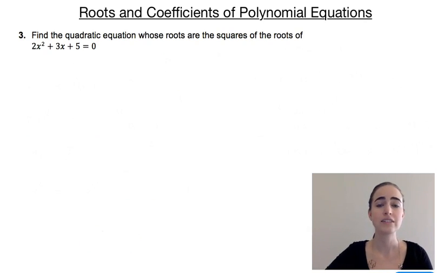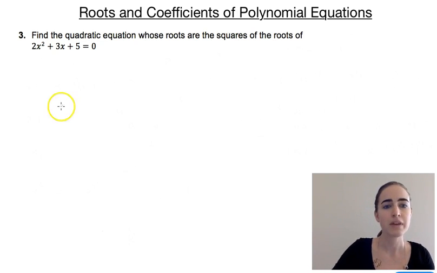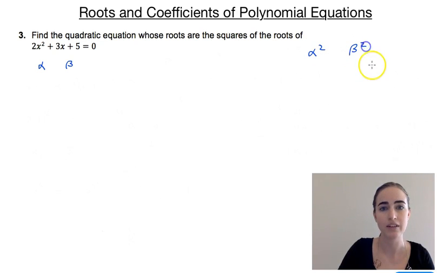Our third example asks us to find the quadratic equation whose roots are the squares of the roots of 2x squared plus 3x plus 5 equals 0. So what that means is if we're calling the roots of this equation alpha and beta, then our new equation is going to have roots alpha squared and beta squared.